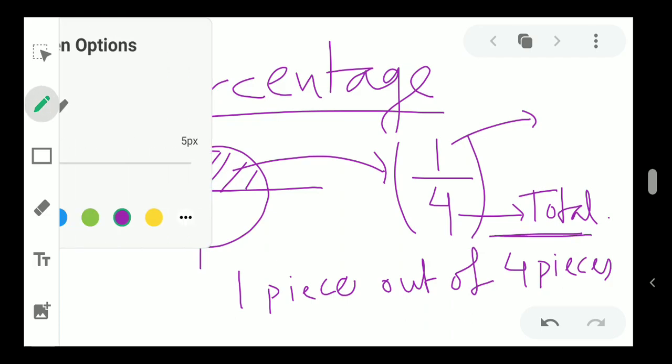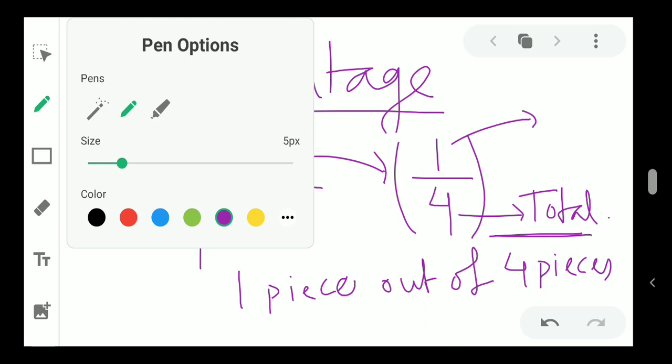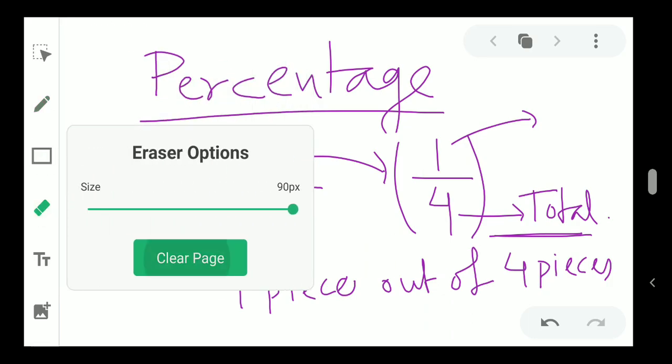So percentage is a general thing. To write anything in percentage, the total has to be 100. That means we are measuring everything in terms of 100.